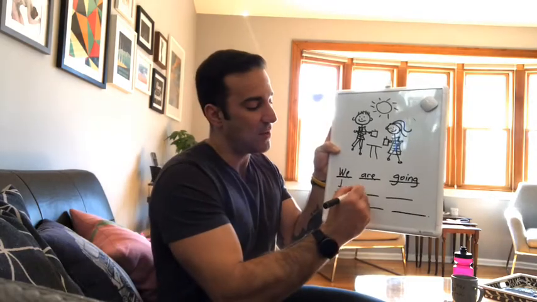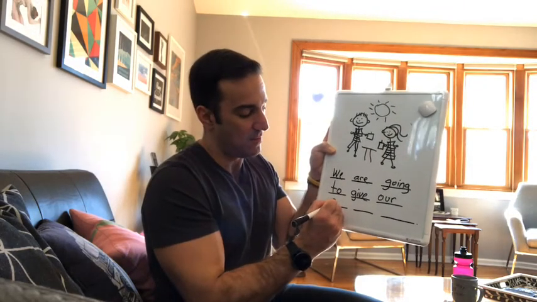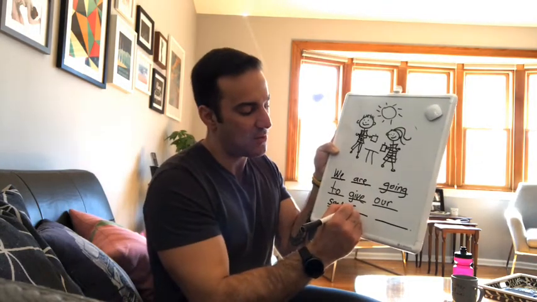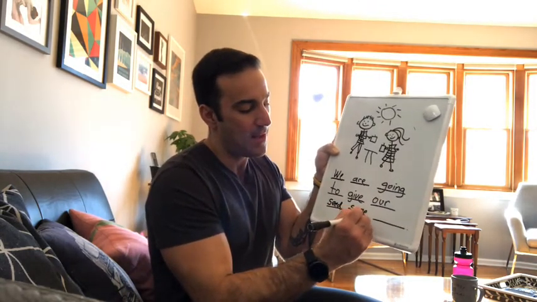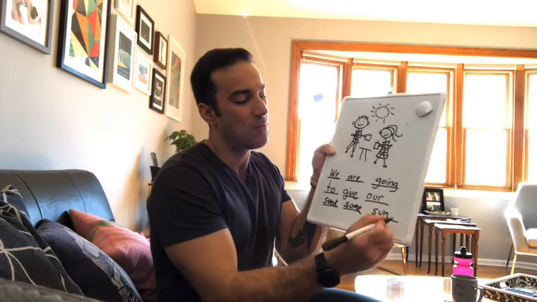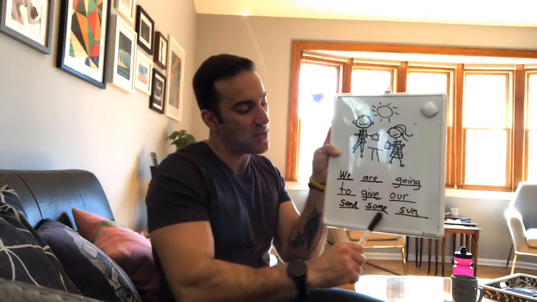And we said give, G for give, our seed, S, that's right, S for seed, S for some too, some, and then, yeah, 3 in a row, S for sun, period, stop, no more words, there you go. Repeat with me. We are going to give our seed some sun.